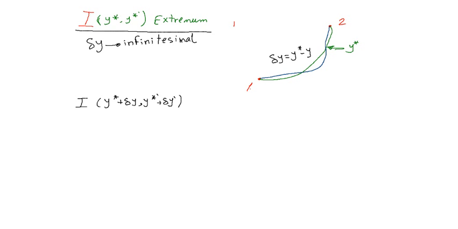What will happen? It will be equal to the following. It will be a definite integral from 1 to 2 of f of y star plus delta y, comma, y star prime plus delta y prime, comma x. And here we have a very important observation. We do not have delta x because the values of x are fixed.